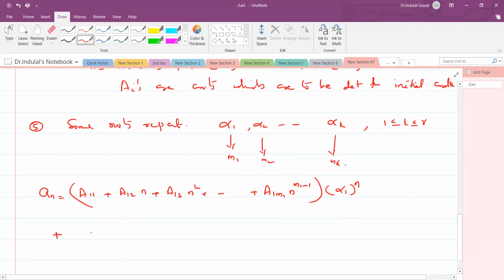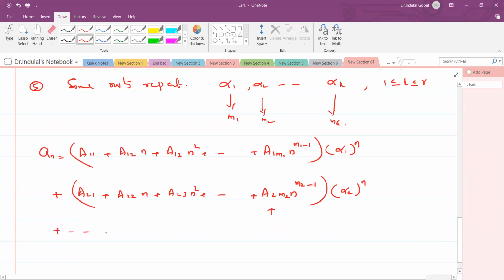Similar terms correspond to the remaining roots: a21 plus a22 n plus a23 n square plus etc. plus a2m2 n raised to m2 minus 1, times alpha 2 raised to n, plus etc., plus ak1 plus ak2 n plus ak3 n square plus etc. plus akmk n raised to mk minus 1, times alpha k raised to n.